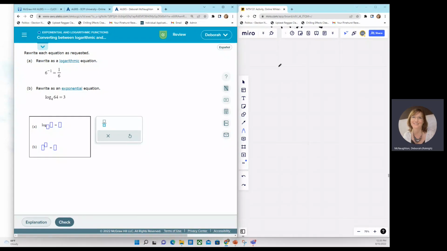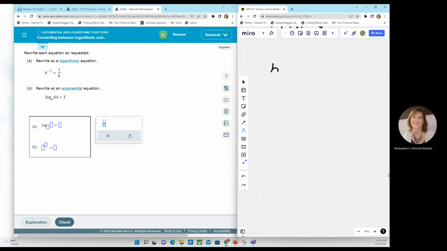Logarithmic and exponential equations. I'm going to show you a little bit differently from the way that Alex shows you. If we have a number raised to a power, b to the x equals y, and we want to rewrite this in logarithmic form, this is my base.